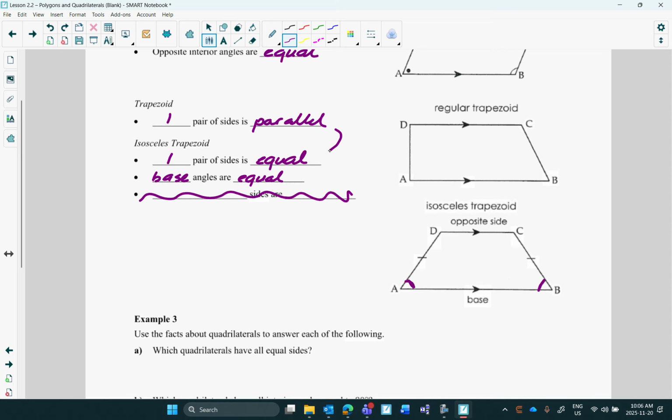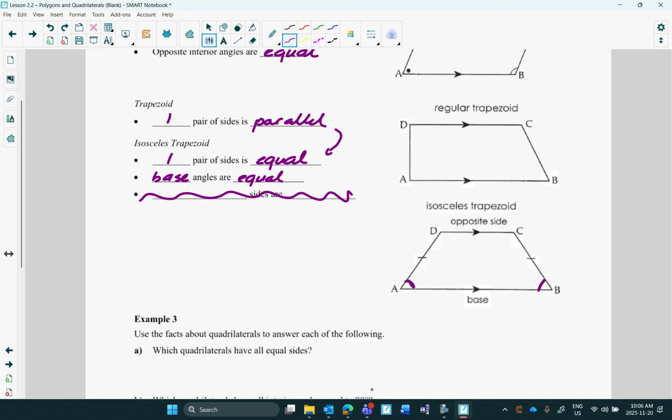Just remember that an isosceles trapezoid has three properties. One pair of opposite sides are parallel, one set of opposite sides are equal, and the base angles are equal. Okay?